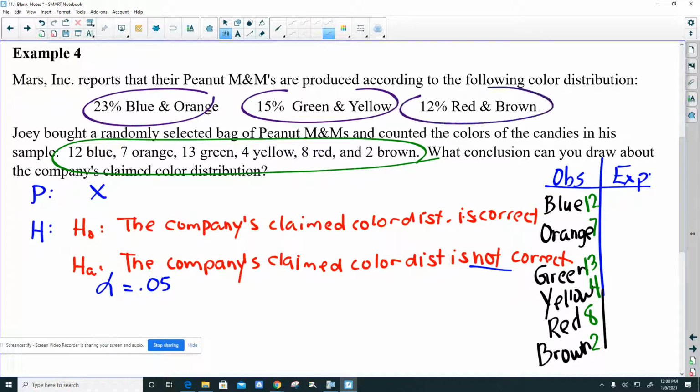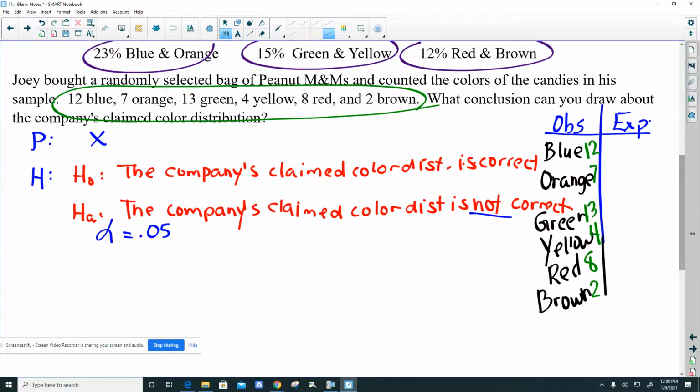Now this is where we need to know what was the total number in his sample. When Joey took this sample, we need the total so we can make these proportions correct. Total number of M&Ms in this sample were 46. So I'm going to calculate 23% of 46, and I would get 10.58.